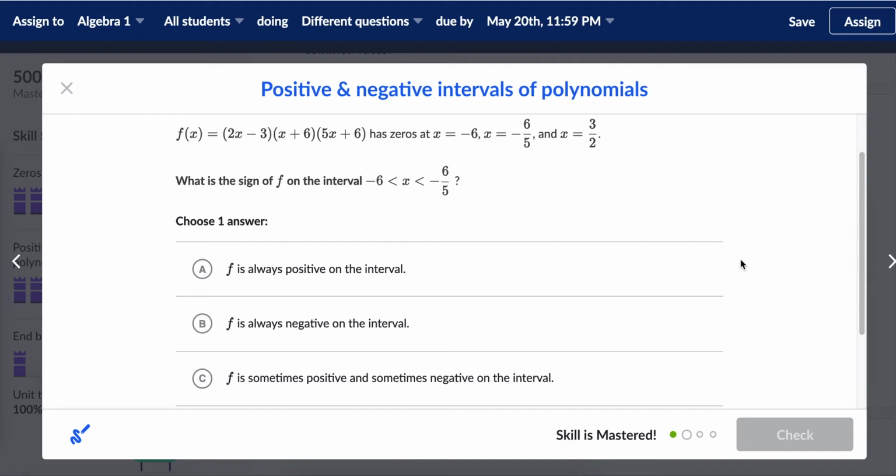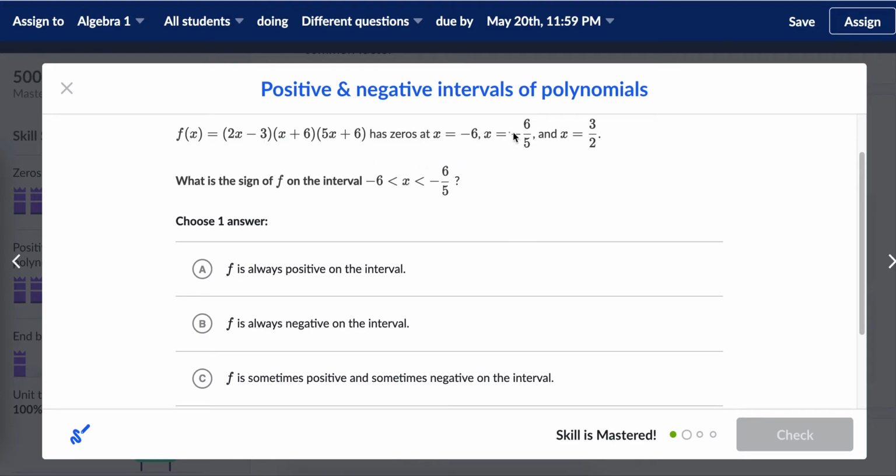The first one here that we've been given: we've already been shown the idea that the zeros are given by the factors of the polynomial. So you can see here one of your zeros, this negative 6, is given by the factor x plus 6.